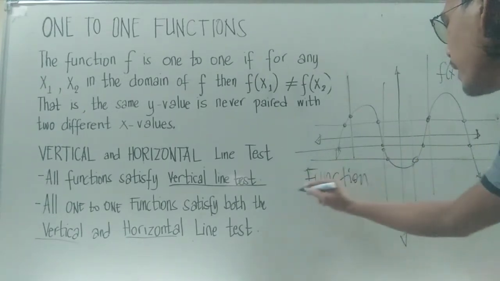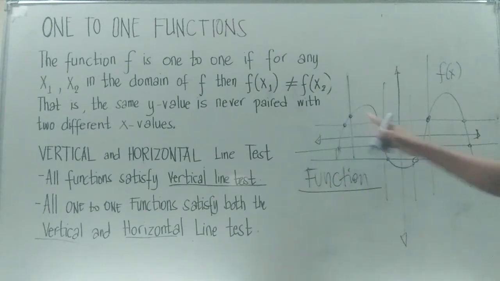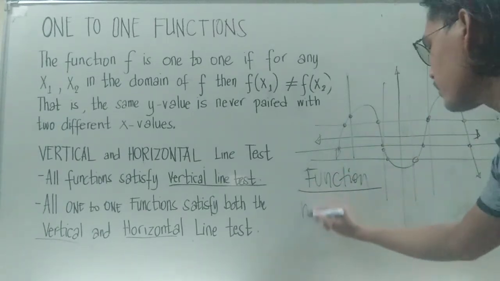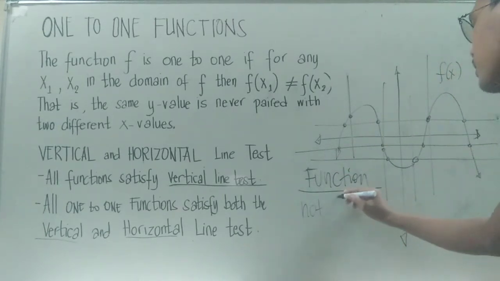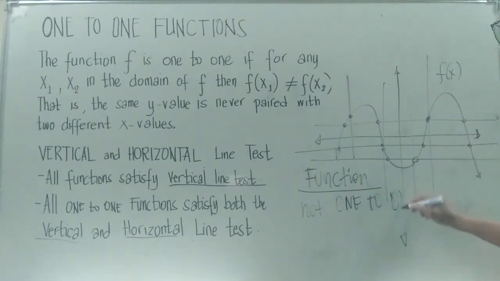So we can say that this relation is a function but not a one-to-one function. Very easy. That is how to identify a one-to-one function.